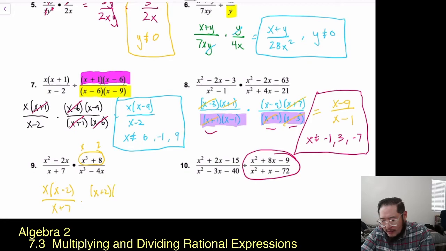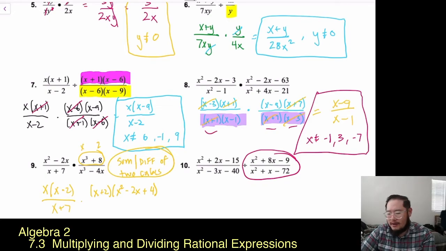A plus b is equal to a squared, so x squared, and then it's going to be minus ab, so minus 2 times x, and then it's going to be plus b squared, so we have 4 right there, and that factored out. If you need to look this up, we have sum and difference of 2 cubes. All right, so that is that part right there that you might need to look up.